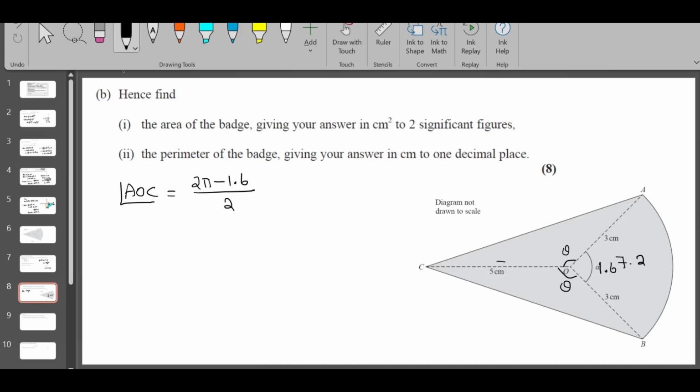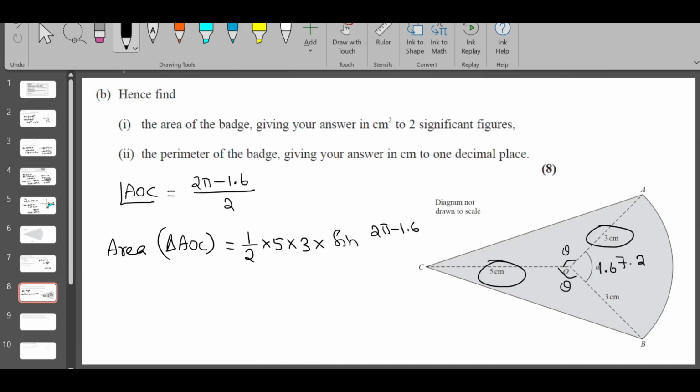And you have two adjacent sides. I'm going to find the area of AOC. Area of triangle AOC is equal to half AB sine theta, two adjacent sides, sine theta. Theta is this. You get the area of one triangle, multiply by 2 and add this 7.2, you will get the total area.